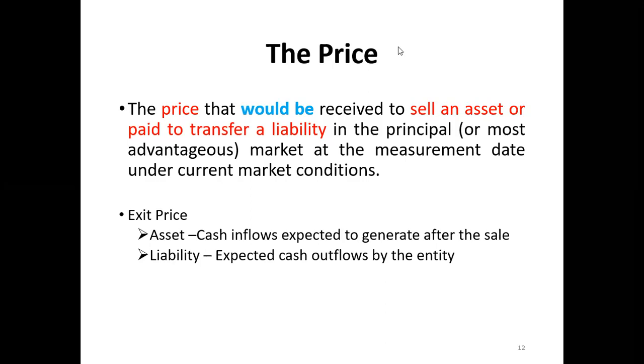If you obtain a loan, there are certain cash outflows associated, so you need to pay the installments, right? Therefore, the expected cash outflows are there, and the liability would reflect the expected cash outflows. So it is about the price, it is the exit price.